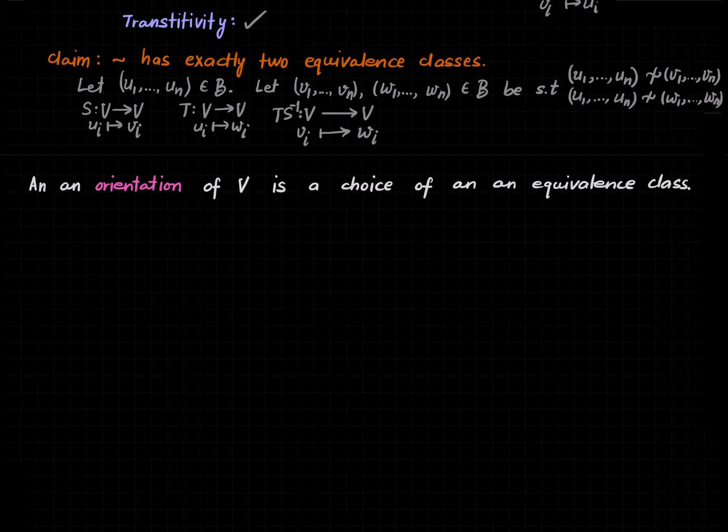So there are two possible orientations on any real vector space V. An oriented vector space, or we say V is oriented, if we have fixed an orientation on it, if we have chosen an orientation for it.